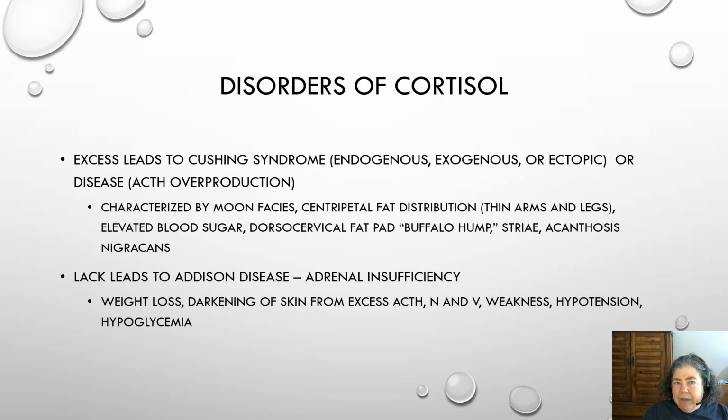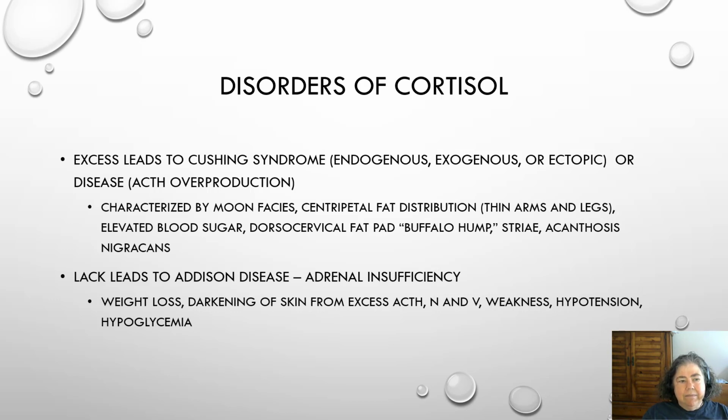They often have hyperglycemia or even type 2 diabetes, elevated blood sugars. They may get a fatty growth on the back of the neck that used to be called a buffalo hump and is usually now called a dorsocervical fat pad. They get stretch marks, striae, and a skin condition called acanthosis nigricans, which is a dark, velvety skin change, often occurs around the neck.